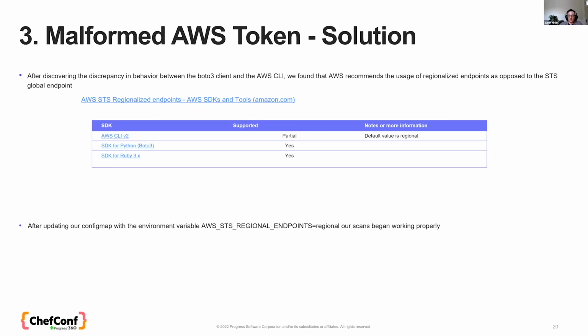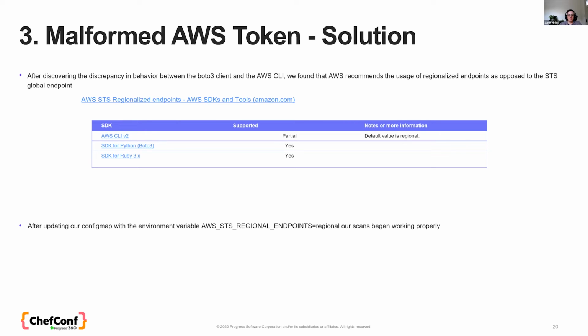And so moving on to the solution, we dug through a bunch of documentation, and we found this particular documentation that we have linked that talks about regionalized endpoints for STS.